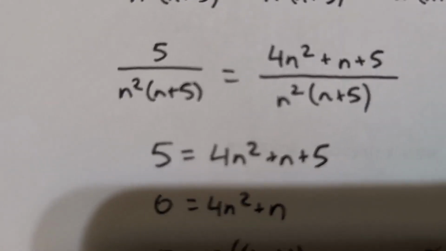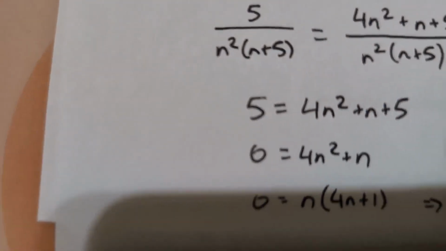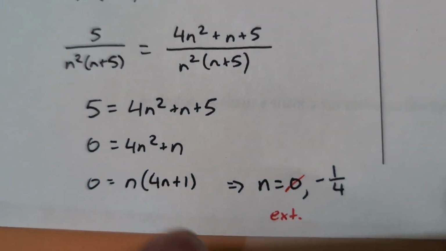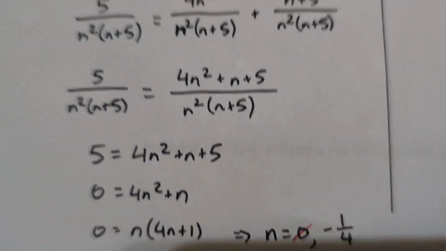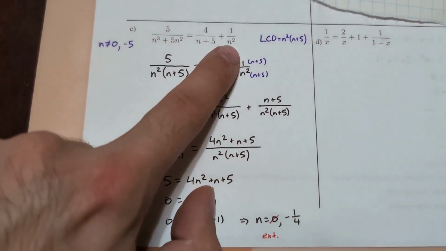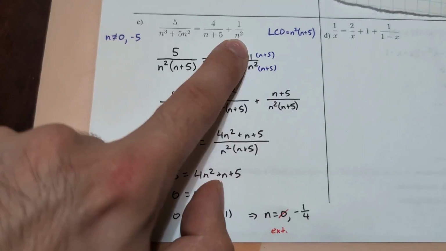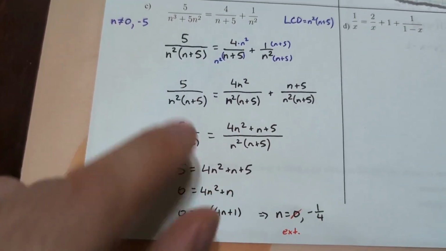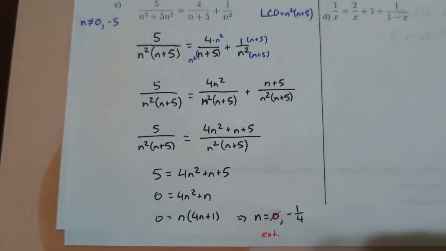So subtract 5 from both sides, factor, and we get 0 and -1/4, but 0 is extraneous because it was one of our restrictions. We couldn't have n be 0 over here, or really in this one either, and n can't be 0 from here. So that's a look at that full solution.